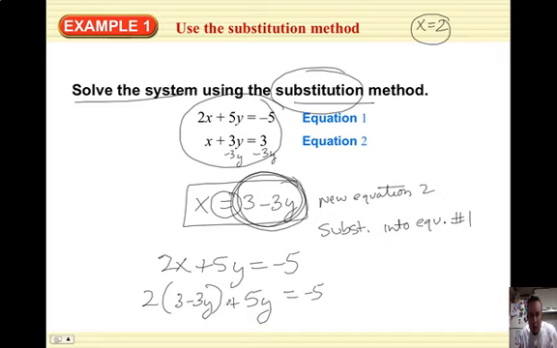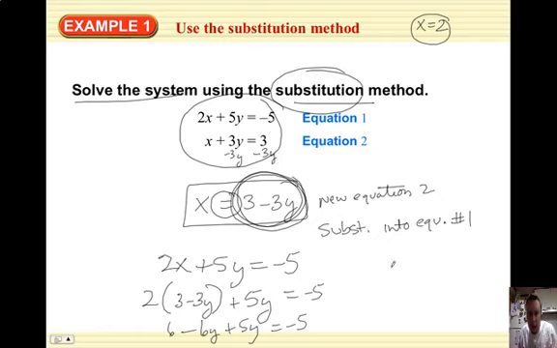Now, what's nice about this is it's all y's out there. There are no x's, so this is going to be easy. 2 times 3 is 6, minus 2 times 3y, 6y, plus 5y equals negative 5. Just do some normal algebra. Minus 6y plus 5y is negative 1y, or negative y.